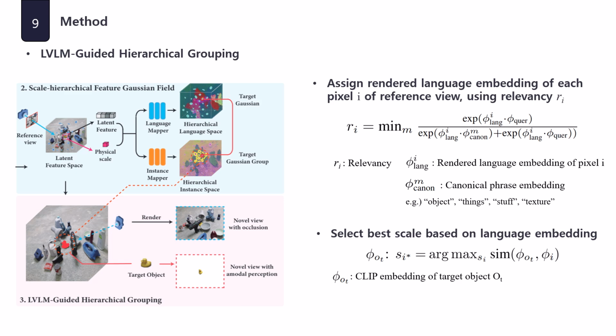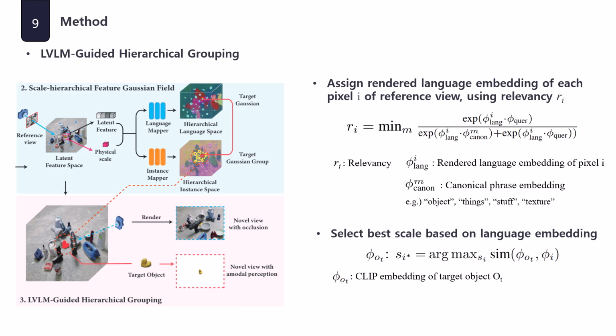Let's assume that the initial LVLM processing for query understanding and reference view selection has been done, and the scale hierarchical feature Gaussian field has been fully trained. As a result, our individual Gaussians now possess learned latent features that are discriminative for different objects. The process for localizing an object in a given view involves three key actions.